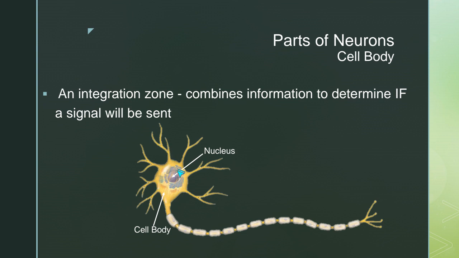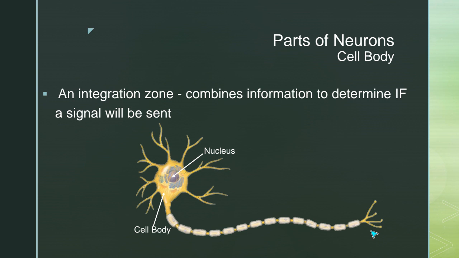So the cell body integrates these signals that come in from its neighboring cells, and this is what determines if the neuron will send a signal of its own down its axon. So the cell body is an integration zone that combines information from its neighbors.